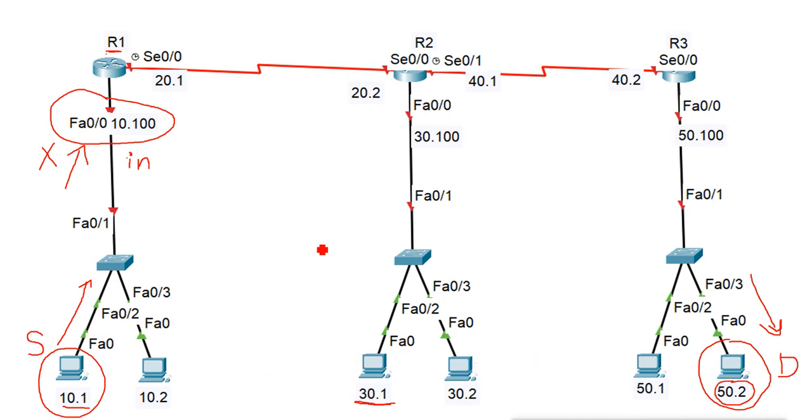Whenever it sends data to any other machine, whether it is 30.1, 30.2 and even 50.1 and whatever, whenever the data goes from this interface and enters this interface, it will check the list.